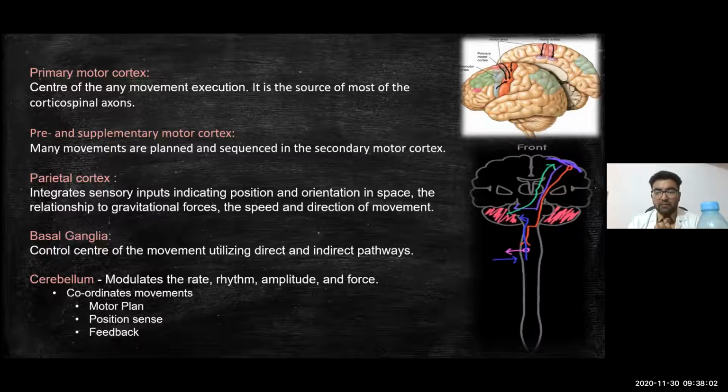If the cerebellum finds any discrepancy between these two inputs, it sends a signal to the primary motor cortex utilizing another pathway, which is highlighted in green, and says to the primary motor cortex, hey, something is going wrong, you have to modify your plan. And that's how the cerebellum incorporates in any movement we make. So the cerebellum is a very important part in modulating and basically smoothing out the movement.